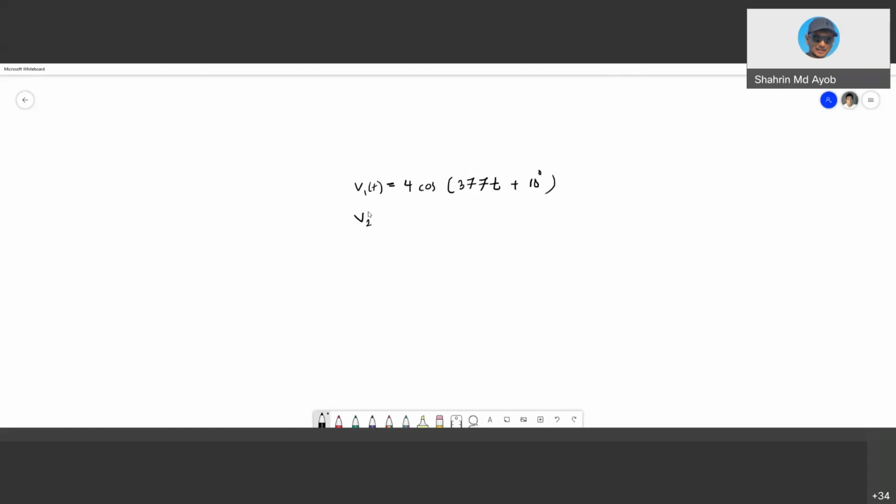And V2(t) is actually negative 10 cos(377t plus 20 degrees).